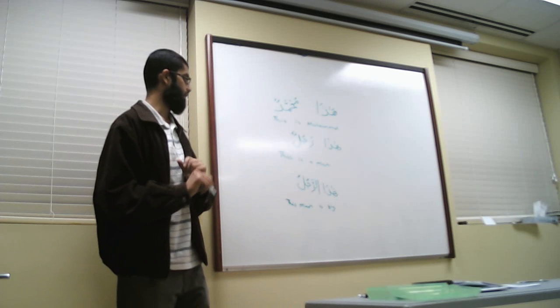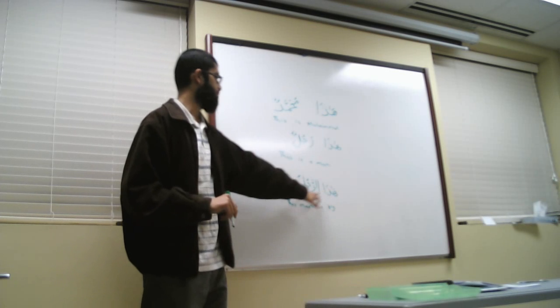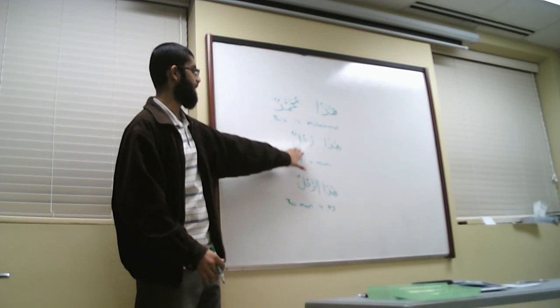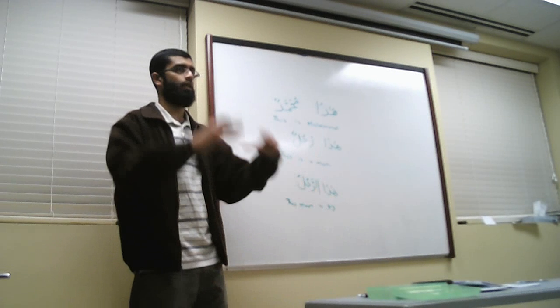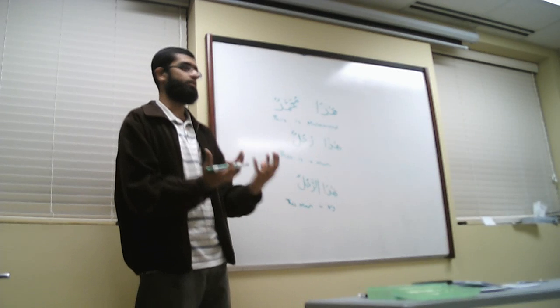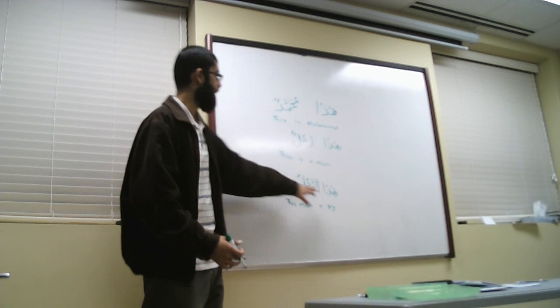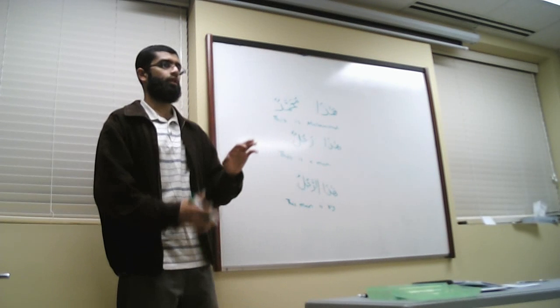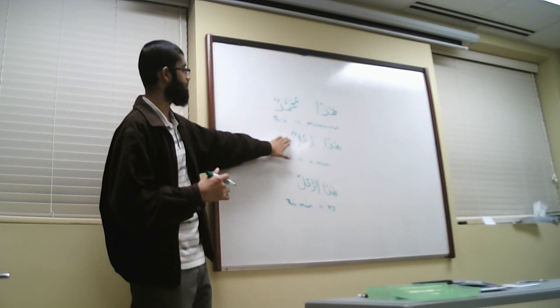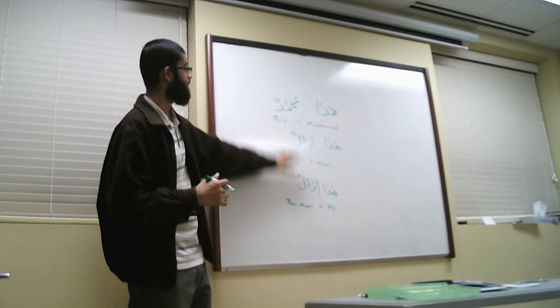It's not shibh jumla. So if I'm analyzing هذا الرجل, I'm talking about my subject. What's the subject? Is it هذا or is it الرجل? It's هذا, whatever came first. What's الرجل then? It's not the subject.